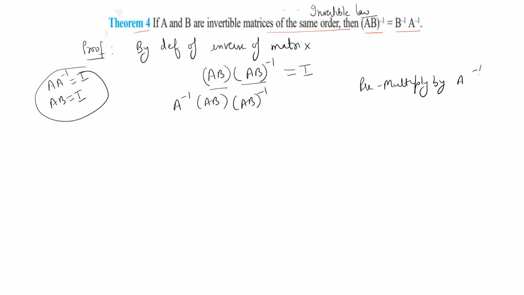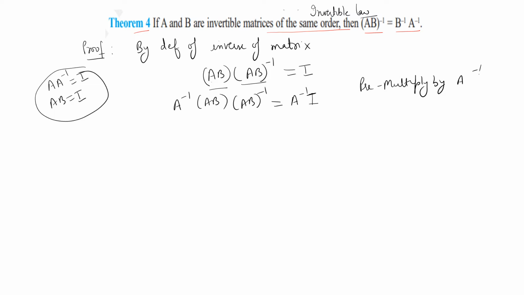So firstly I'm pre-multiplying by A inverse and then I'll pre-multiply by B inverse. It is A inverse into I on the right side, pre-multiplying by A inverse on both sides.